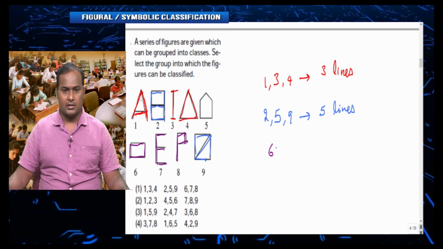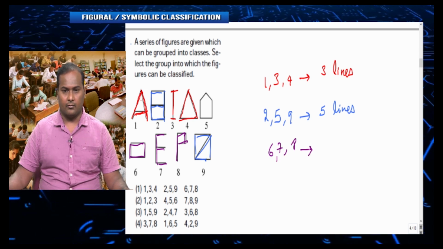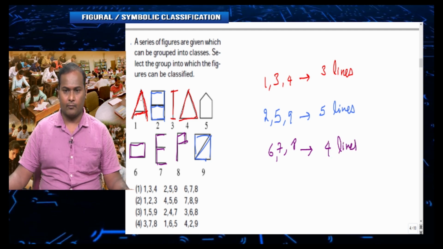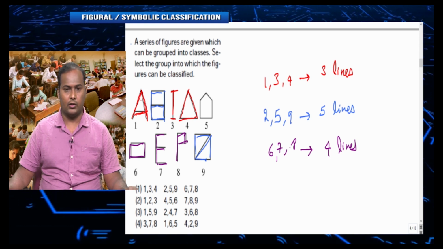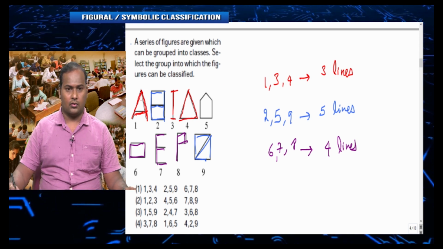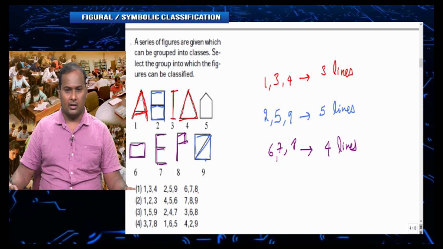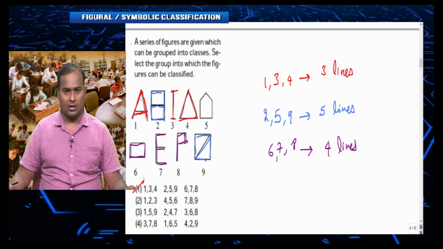So obviously 6, 7 and 8, all these 3, will form a group based on 4 lines. Now check the options: 1, 3, 4, then 2, 5, 9, and 6, 7, 8. So option 1 is the answer.